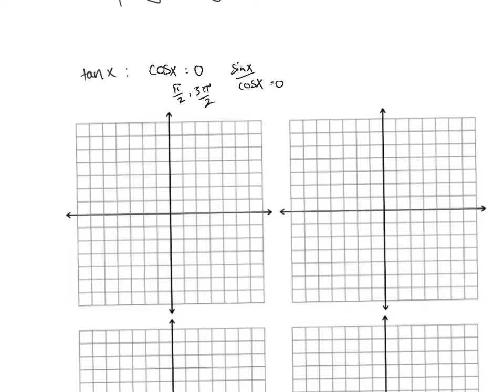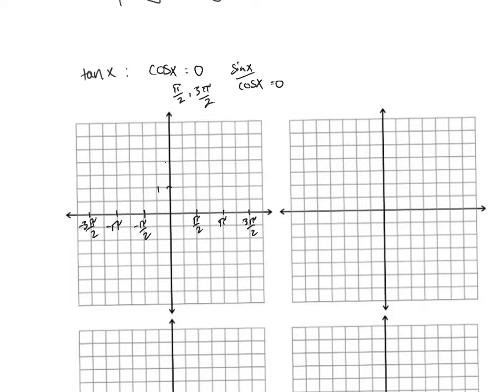So let's draw our coordinates here. We have pi over 2 here. Let's make this pi, 3 pi over 2. This is negative pi over 2, and this is negative pi, negative 3 pi over 2.